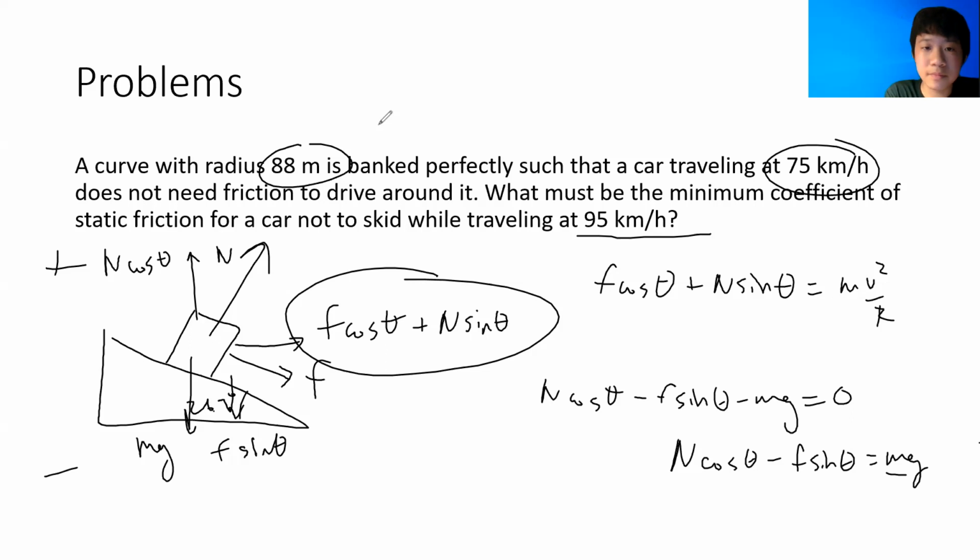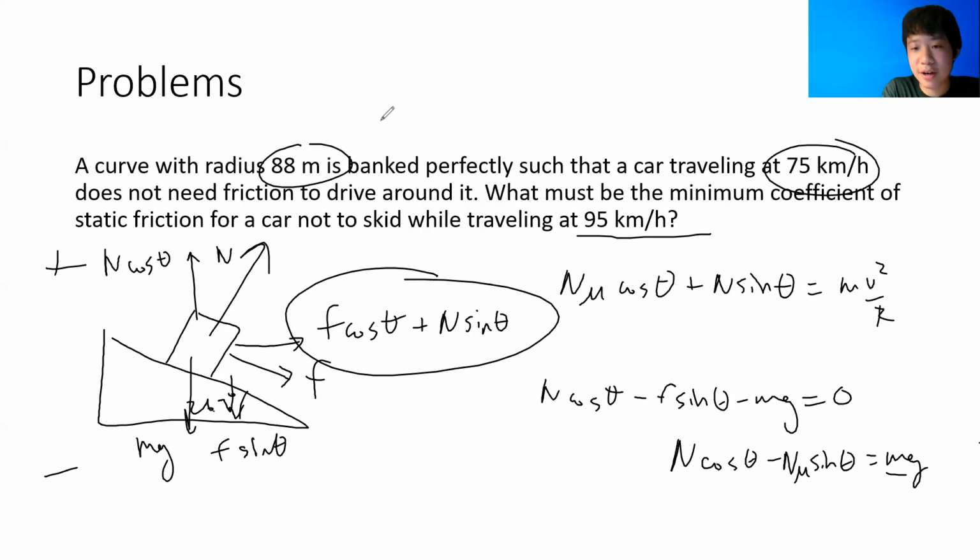So how do we solve the system? Well, if we look at f here, friction is just normal force times the coefficient of friction, right? So we can write this as n mu. We're going to replace all the friction with n mu. Okay?